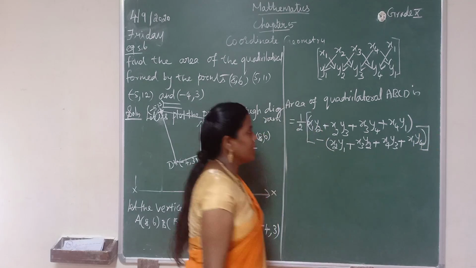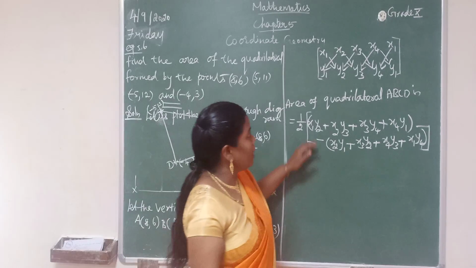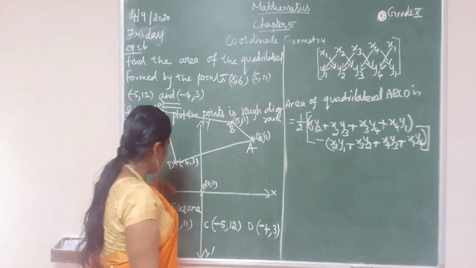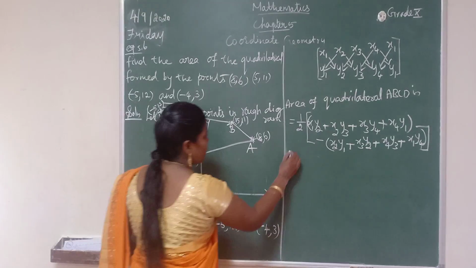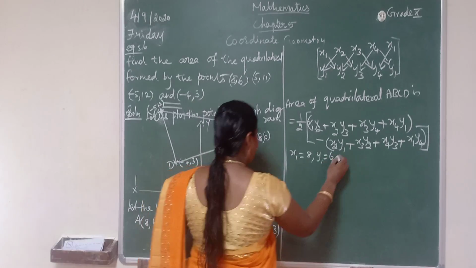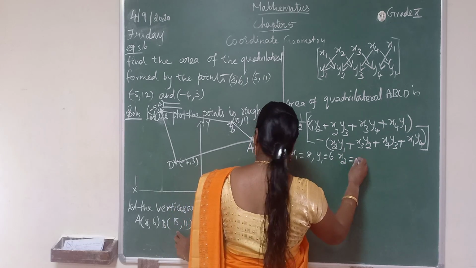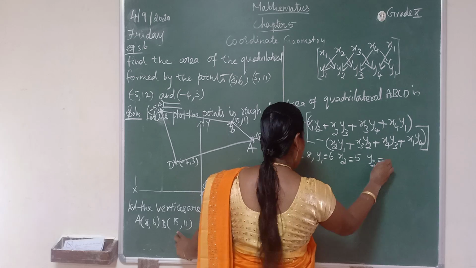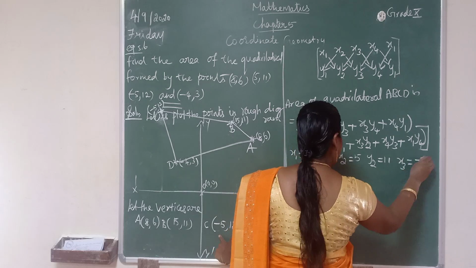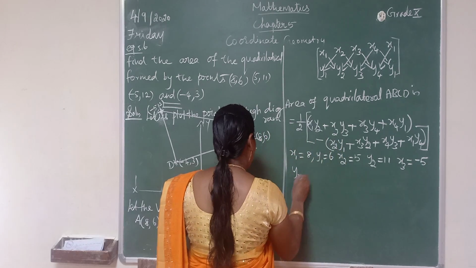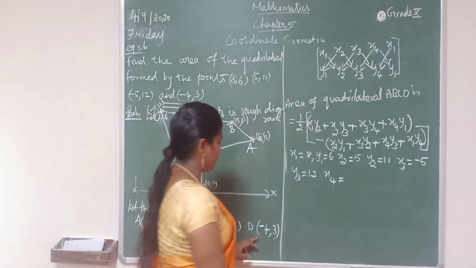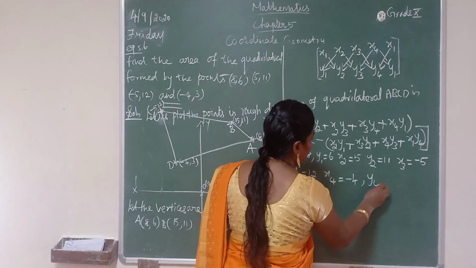Close the bracket. This is the area of a quadrilateral formula; use this form and it is easy to learn. From here the values: x1 is 8, y1 is 6, x2 is 5, y2 is 11, x3 is -5, y3 is 12, x4 is -4 and y4 is 3.